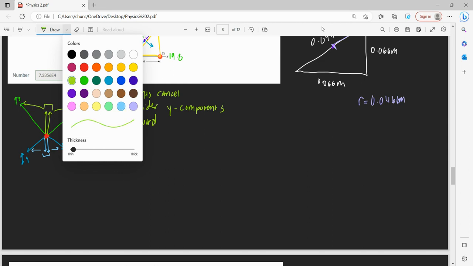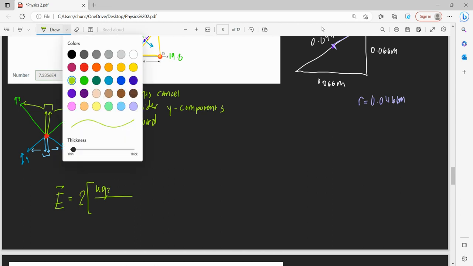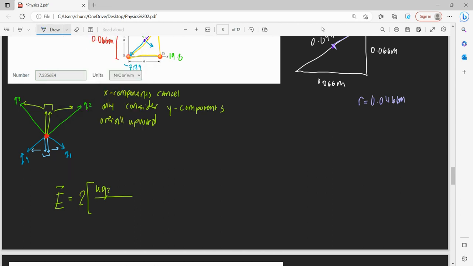Let's write out our equation. So electric field is going to be equal to, so we have two of these y components here, and we're using kQ2, and we know this is over whatever we solved for our separation distance squared.